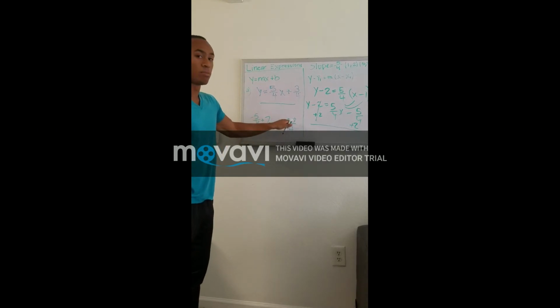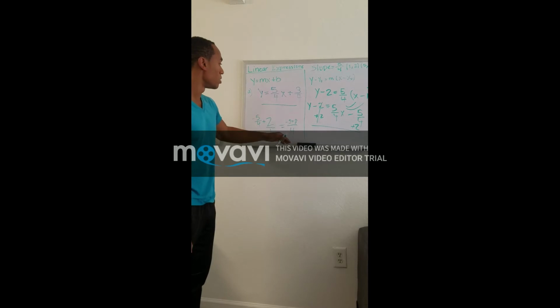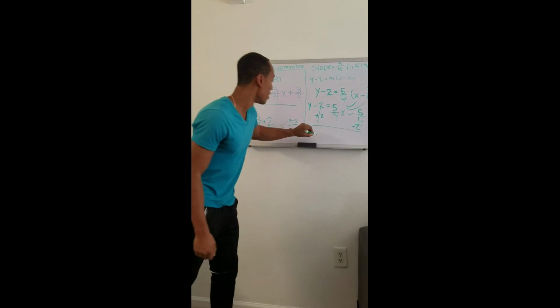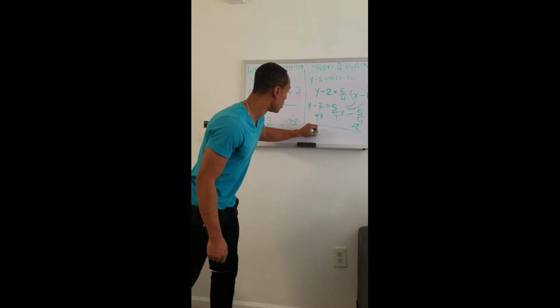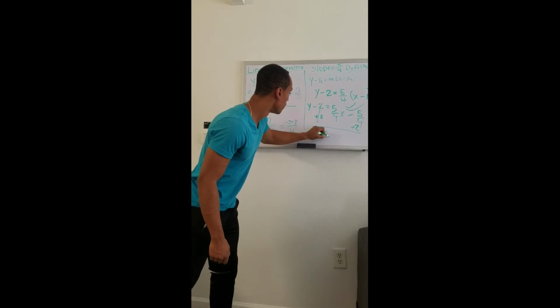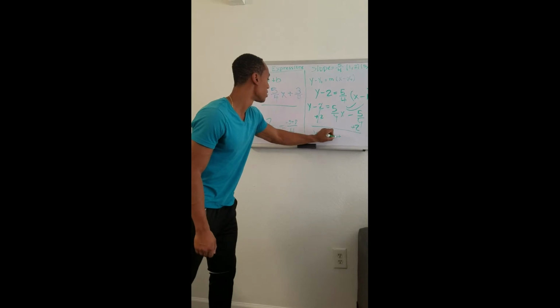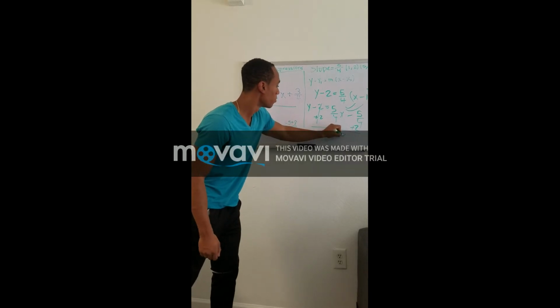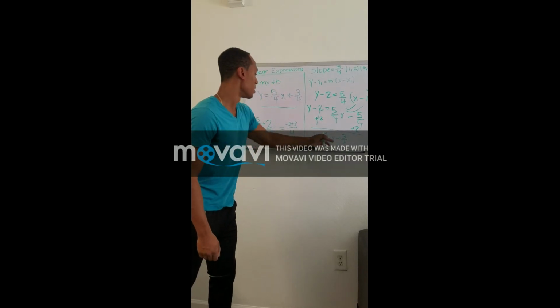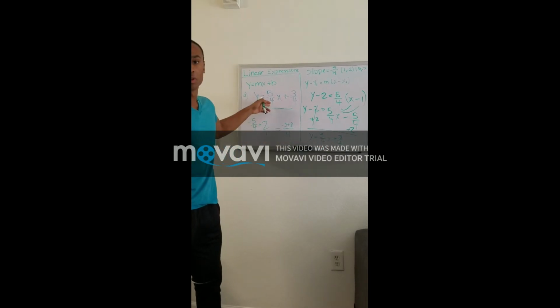Negative 5 plus 8 is 3. So we have 3 over 4, and we get y equals 5 over 4x plus 3 over 4. And that's exactly what we got up here for point-slope form.